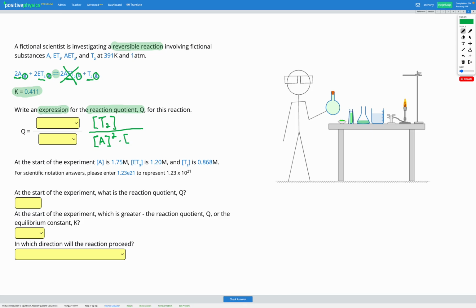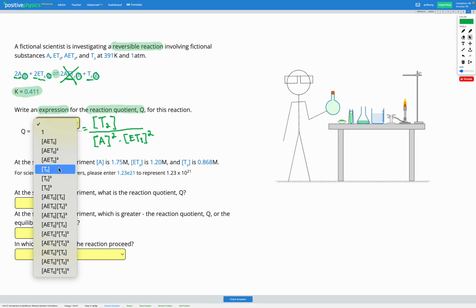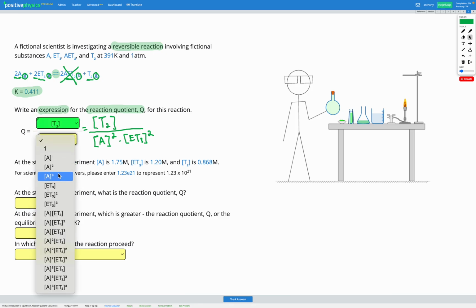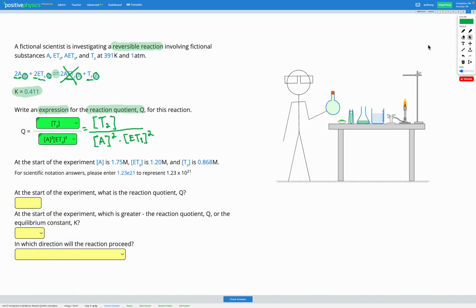So we've got the concentration of ET3, and it's got a coefficient of 2, meaning it's going to be to the power of 2. So that's going to be our reaction quotient expression. So let's fill that in here. We've got T2 on its own. We've got A squared and ET3 squared. There we are. Awesome. So there's our expression for the reaction quotient.